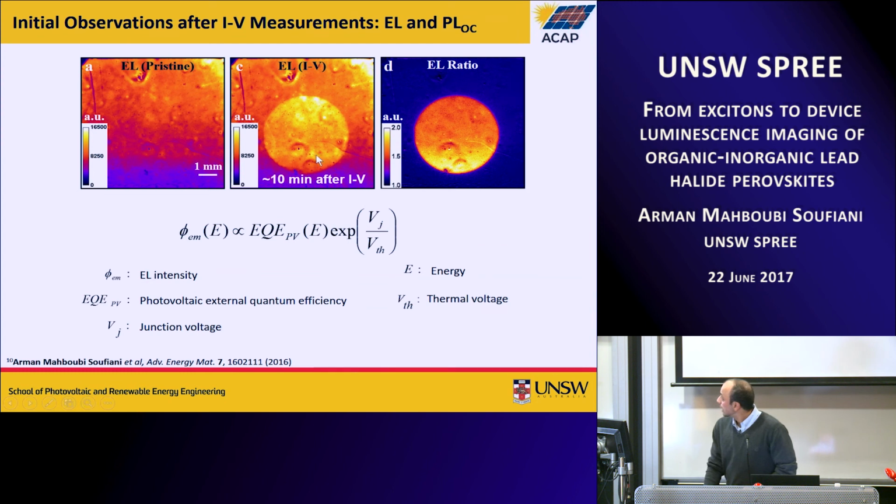So here, the reason for increased EL intensity can be twofold. One is that we have sort of annihilated the defects, and the effective lifetimes of the carriers have improved in the perovskite, or the bulk and interfacial series resistance in the device in this region has been reduced. So it's easier for the carriers to be injected into the device.